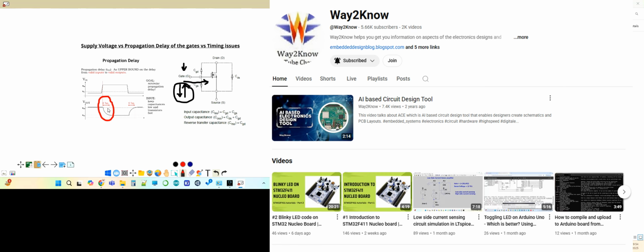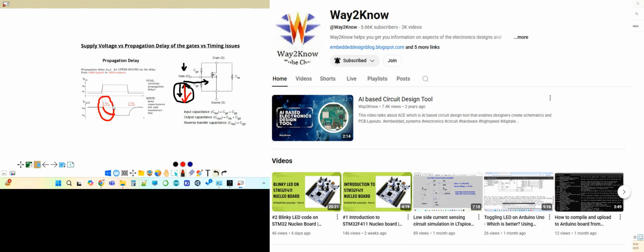For example, if the propagation delay increases, that means let us assume the voltage here got lowered, and the propagation delay increases at the output. What happens is it takes more time for the signal to reach its level, and if this particular signal is related to another signal, for example clock and data together, this will cause timing errors in the circuit, which is a very important factor to consider in designs.